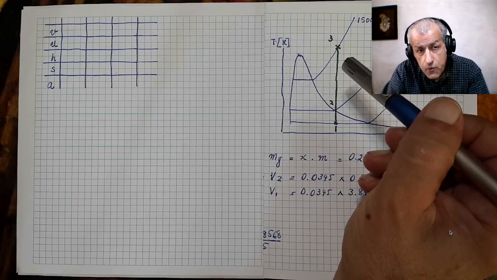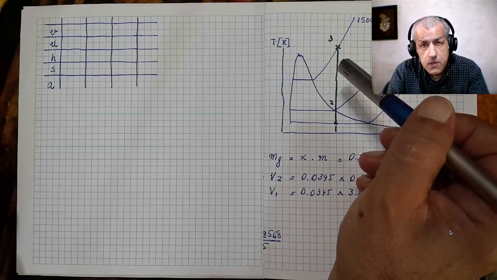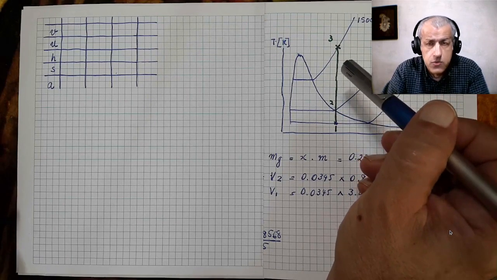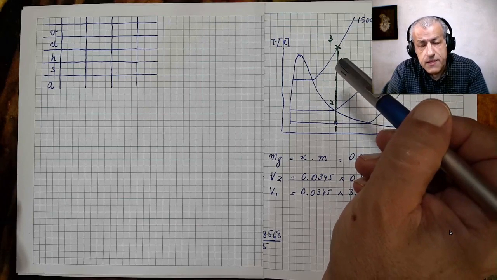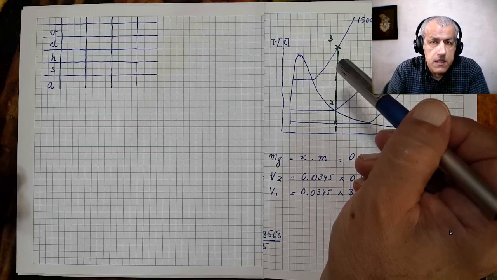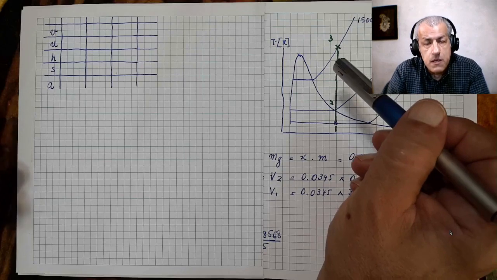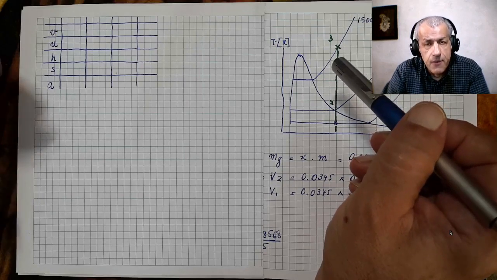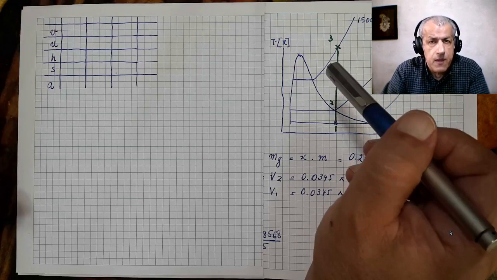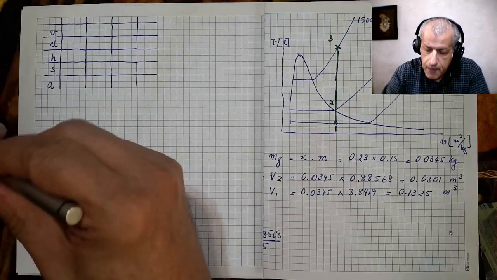There's also a fourth point, which is as important, since we wish to talk about availability, then we would need to know the conditions in the ambient, and we have to define the ambient.